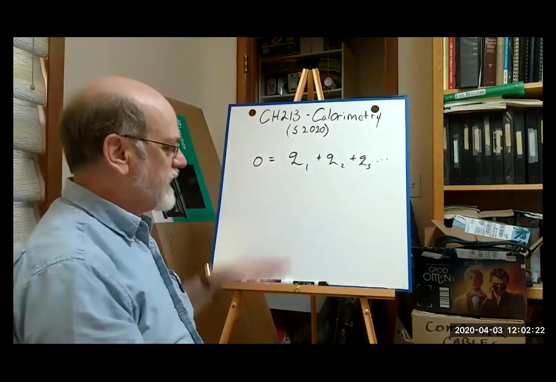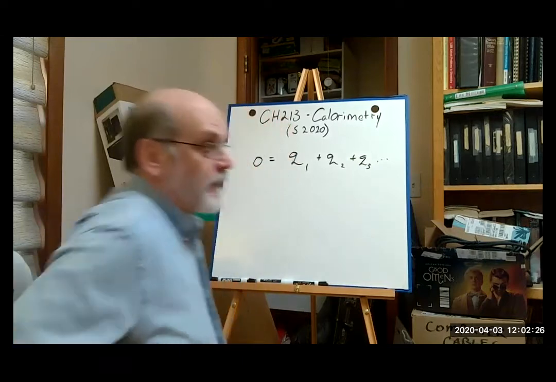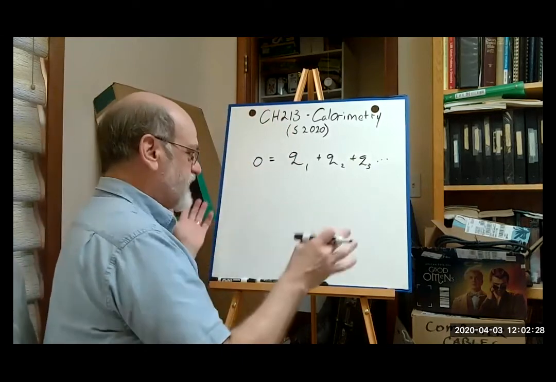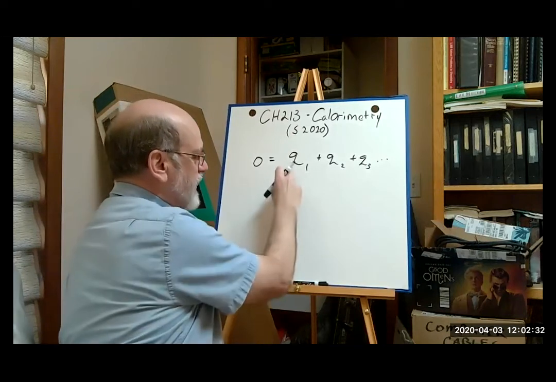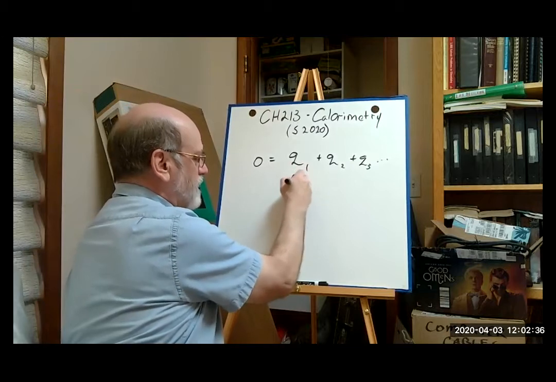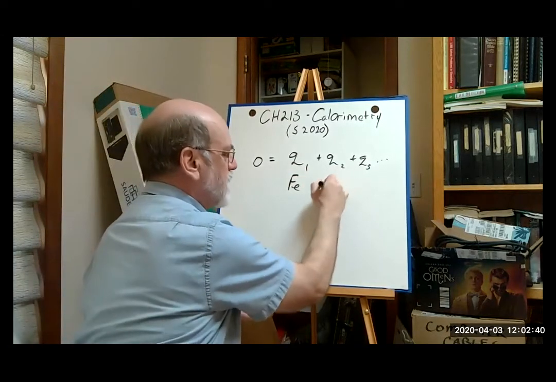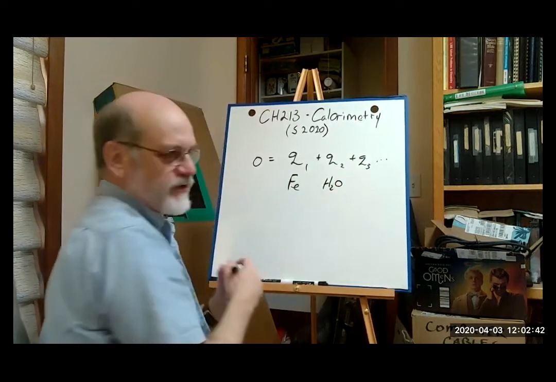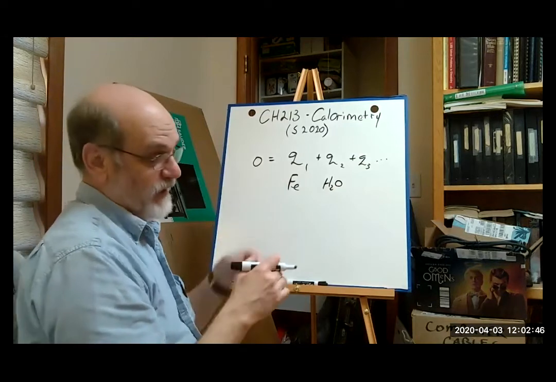So what goes on inside the calorimeter? Well, let's see. For example, if we say Q1 is due to a chunk of iron, and Q2 is what happens to the water when we put that hot iron in there, or the cold iron, doesn't matter.